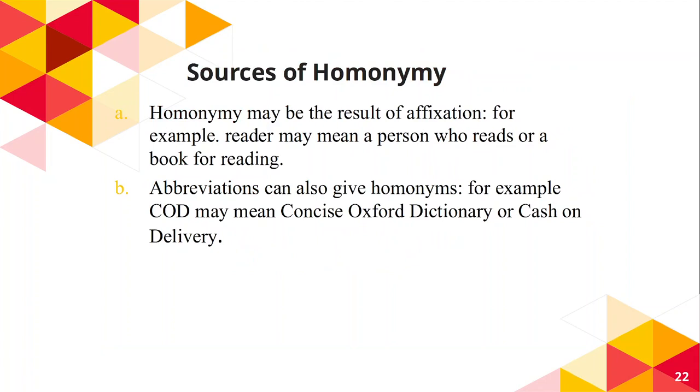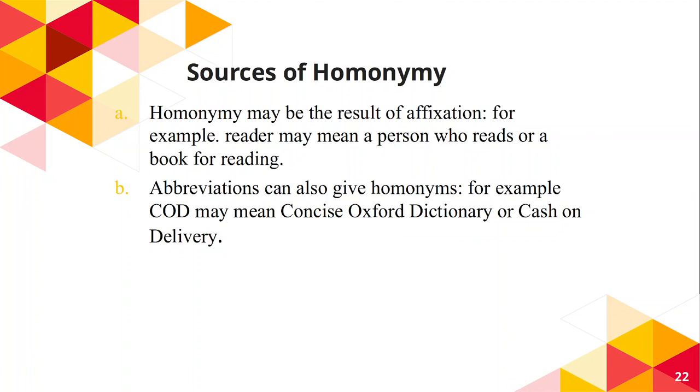If we try to find the sources of homonymy, it could be a result of affixation. To clarify through an example, reader. Reader is a word which can mean a person who reads, or even a book meant for reading is known as a reader, a primary reader.